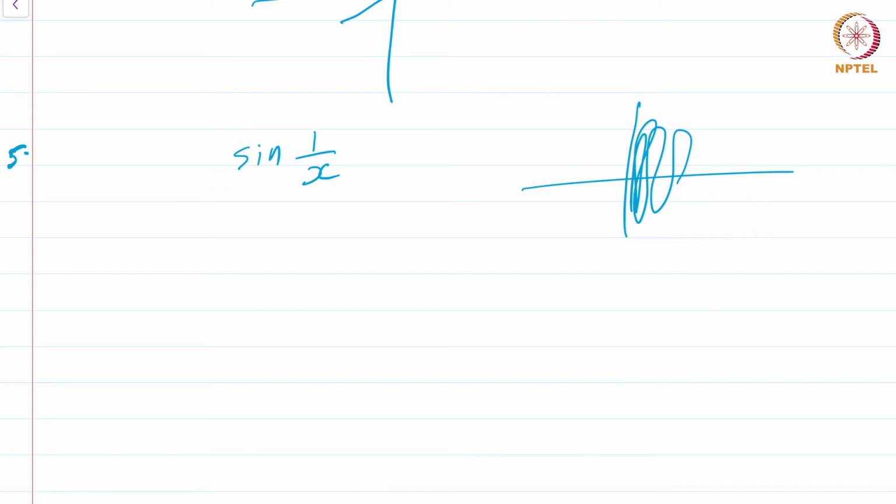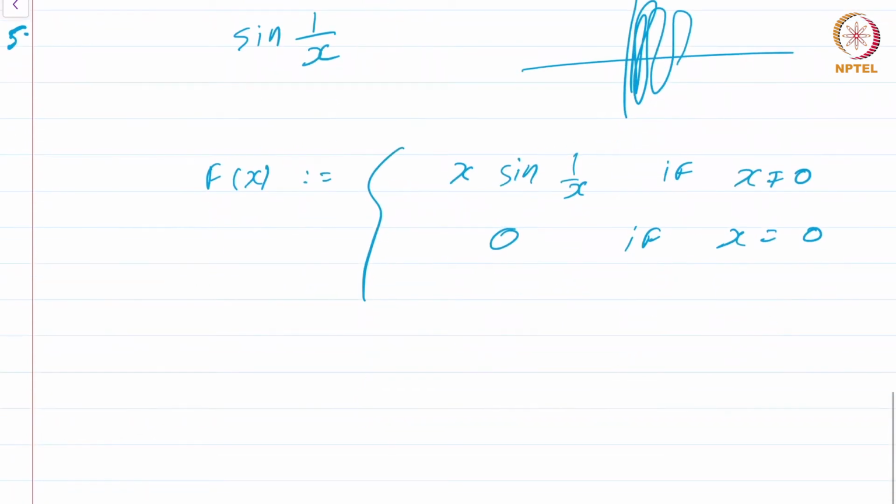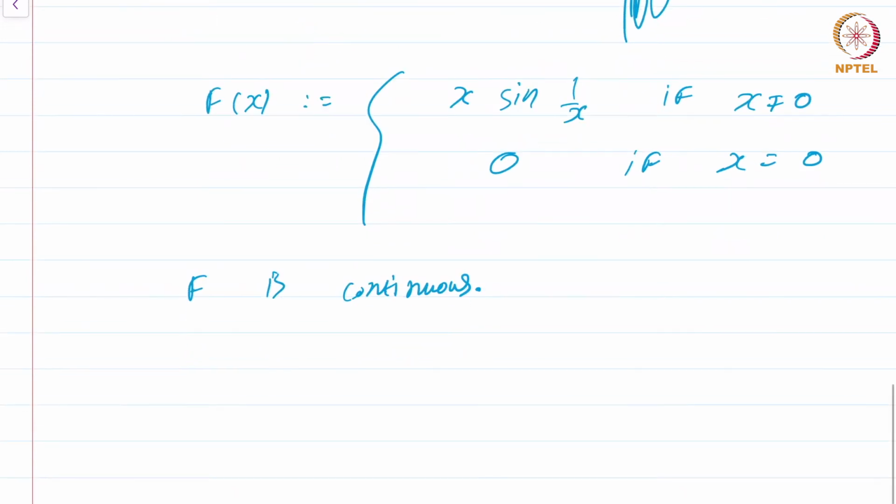So let's try to temper these oscillations by multiplying by x. So consider the function f of x that is defined to be x sine 1 by x if x is not 0 and 0 if x is equal to 0. We already know that this f is continuous. This we have seen in the example section of continuity.